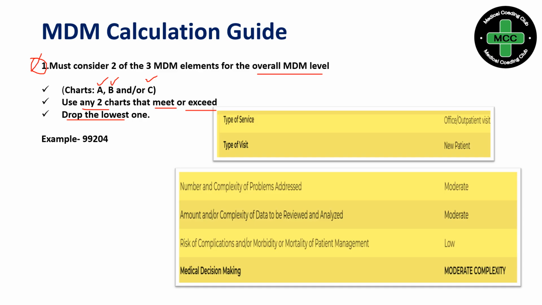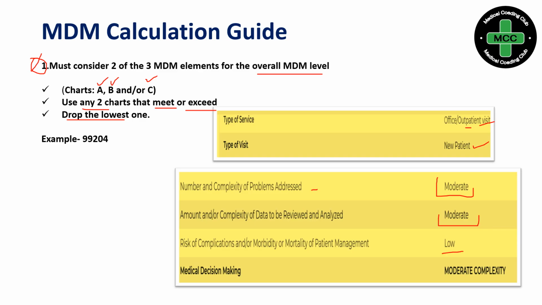You can see the example here. Type of service is office or outpatient. Type of visit is a new patient. Number and complexity of the problems addressed, chart A, is giving you a moderate MDM. Amount and complexity of data to be reviewed is also moderate, and risk of complication, morbidity and mortality of the patient, is low.